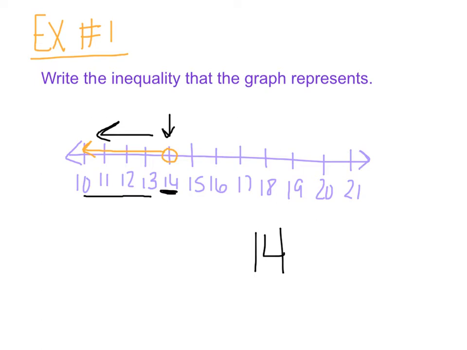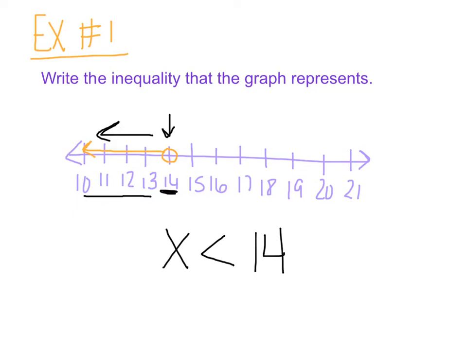So we know that it's going to be less than. So we are having a less than problem. And if they don't give you a variable, let's just use the variable x.